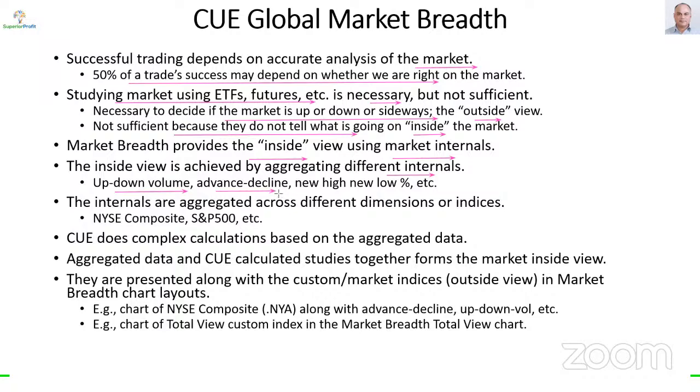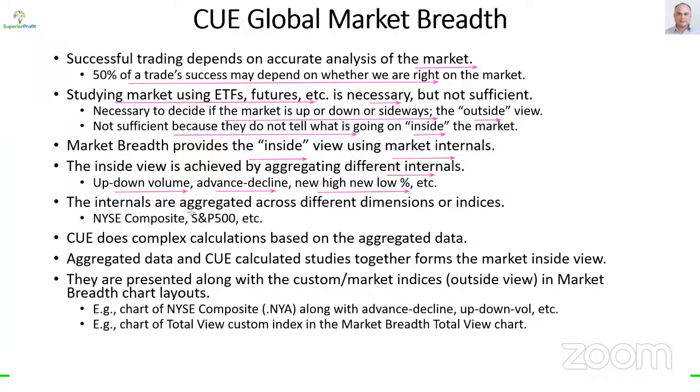Advanced decline, number of all the stocks going up minus all the stocks going down. New high, new low, percentage of stocks making new high, percentage of stocks making new low, etc. Now these are internals. They are not external views like we can see from ETFs or futures, they are something happening inside the market.